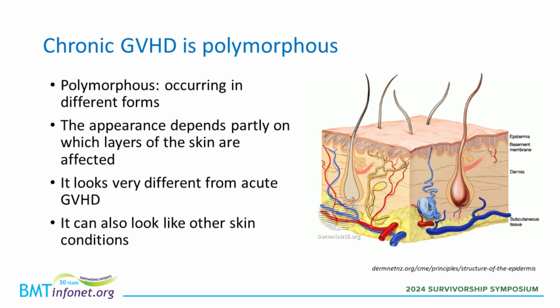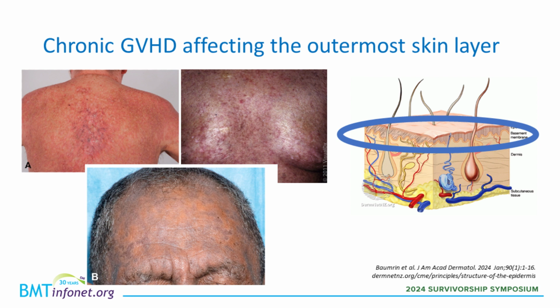Usually this is going to look quite different from acute graft-versus-host disease, and it can sometimes mimic some other skin conditions. We'll go into that in detail. When chronic graft-versus-host disease affects the outermost skin layer, we see changes that generally take place in the very top layer of the skin.